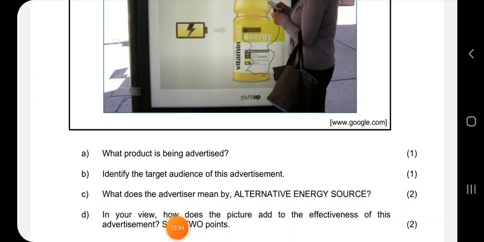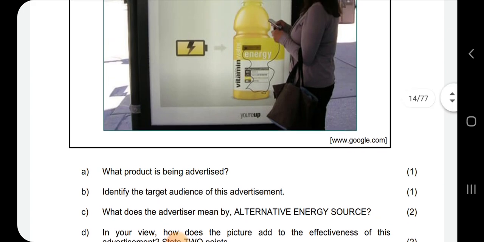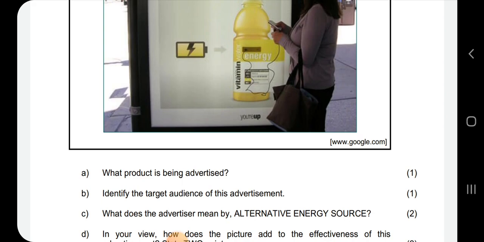And then number D says, in your view, how does the picture add to the effectiveness of this advertisement? State 2 points. Well, the picture of the charger really adds to the effectiveness because it shows that this vitamin water recharges you. It gives you energy, and this person is also showing how the phone or whatever they are holding is connected to this bottle.